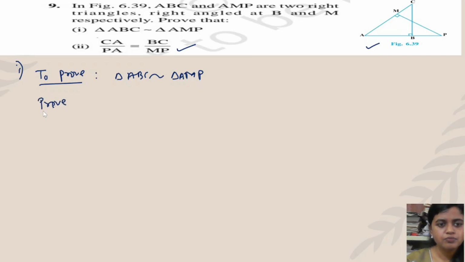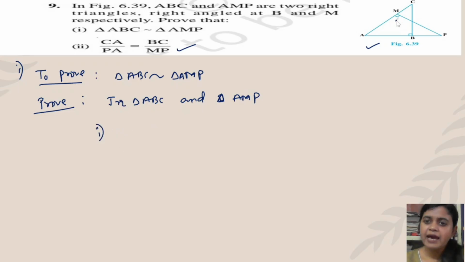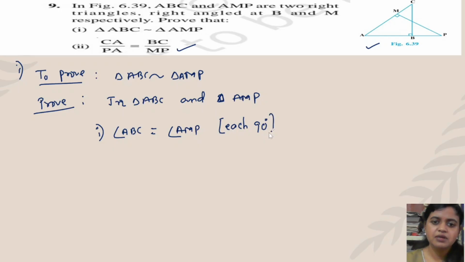Proof. In triangle ABC and in triangle AMP, number one we can write: as there is a right angle at M and a right angle at B, in triangle ABC angle ABC equals, in triangle AMP, angle AMP, because each is 90 degrees.